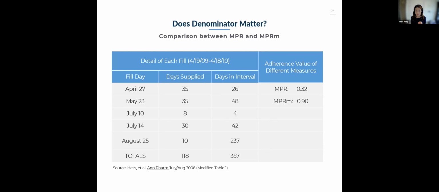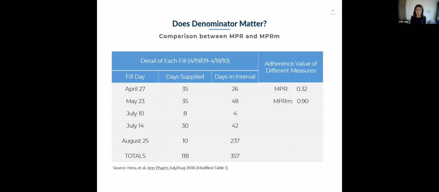If that's what you believe, then you just count the denominator as the days of interval between the first and last days. So this is going to be some of these first four rows. This is going to be your denominator. And then you can sum up these days supplied and subtract the days supplied of the last one from the sum. Then your modified MPR measure will become 0.9, right?